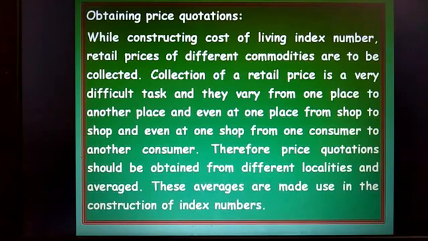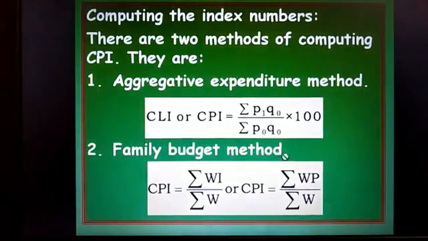So three steps are already over in the method of construction of the consumer price index number. And the last one is computing the index numbers, I mean computing the cost of living index numbers or consumer price index numbers. We know already there are two methods of computing the consumer price index number: the aggregative expenditure method as well as the family budget method.